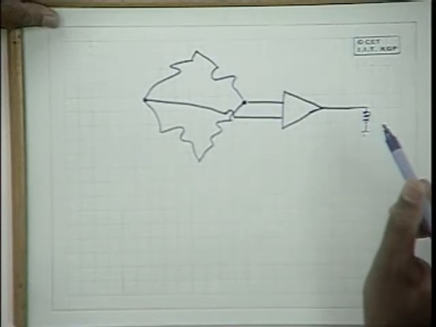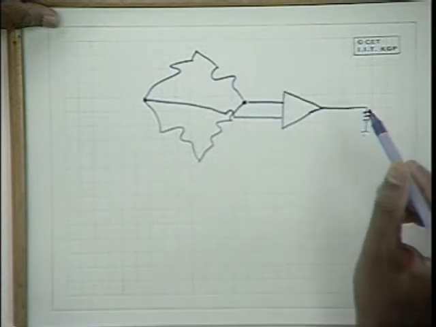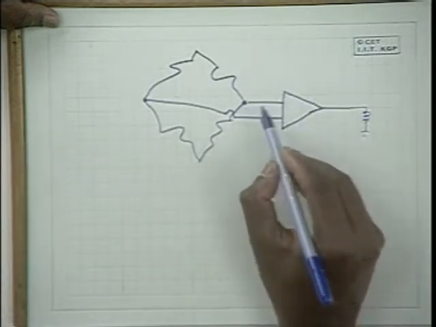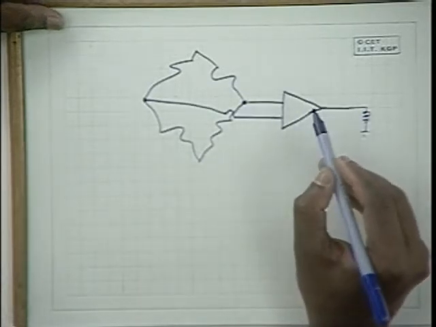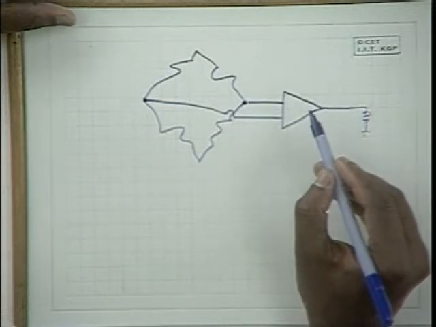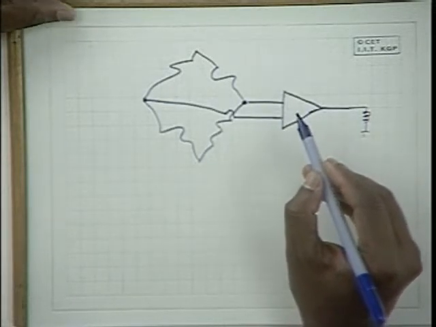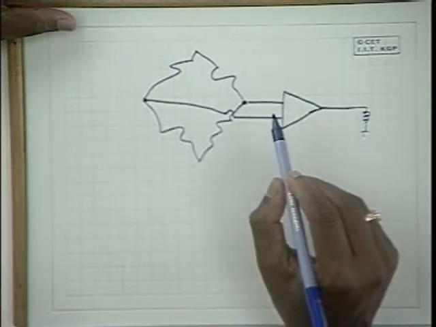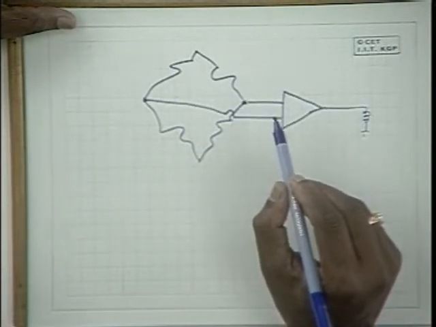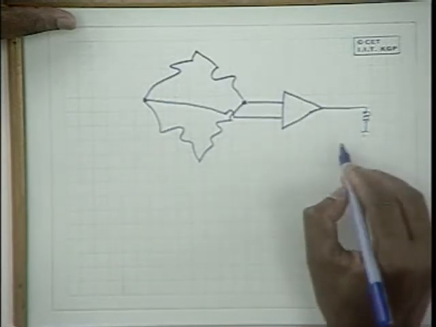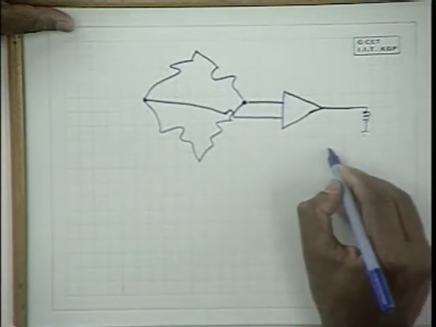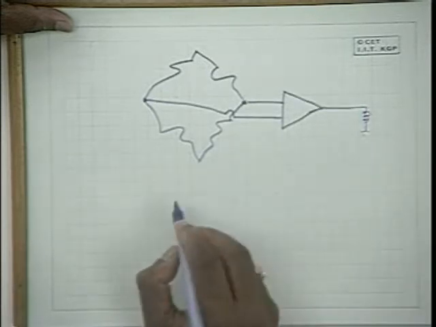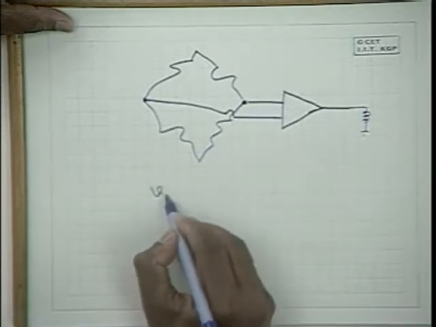But here the amplifier may amplify the common mode. So common mode voltage also is amplified, but if the difference amplifier has a very high common mode rejection ratio and the common mode signal itself is low, then the output has a very low common mode component and a strong differential component.